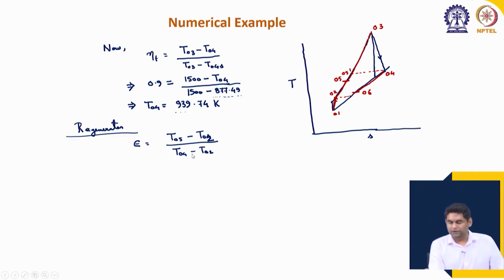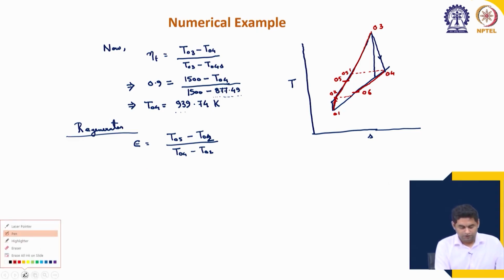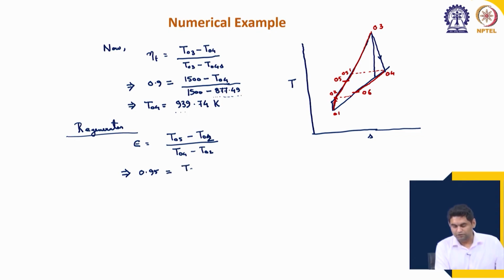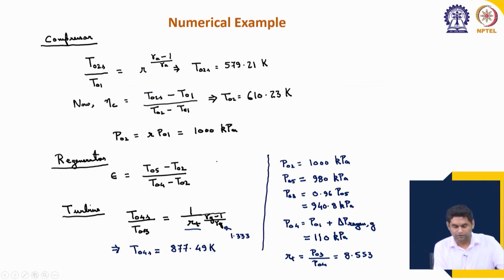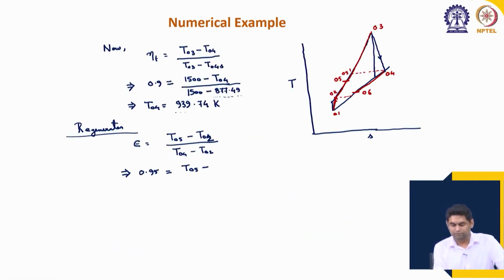So, with this for reference, now you can see T05 minus T02 divided by T04 minus T02, which is given as 95%. So, this means that T05 minus T02 is a known quantity. We have derived T02 as 610.23.